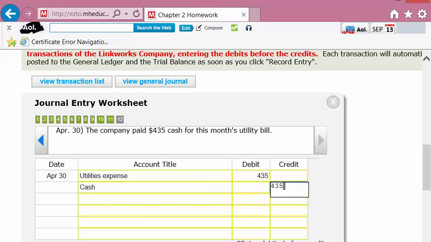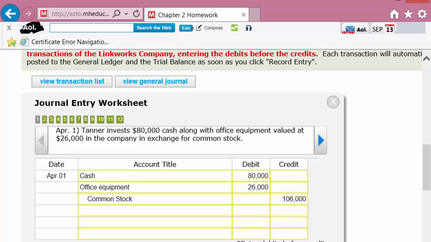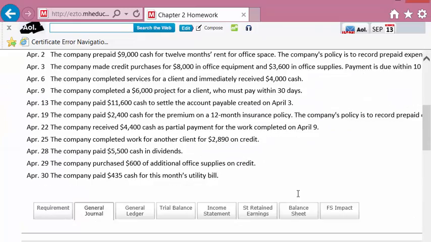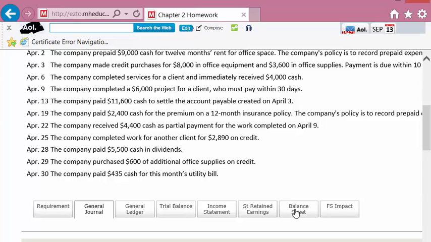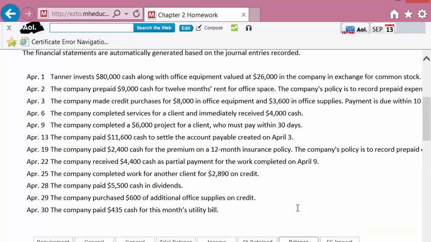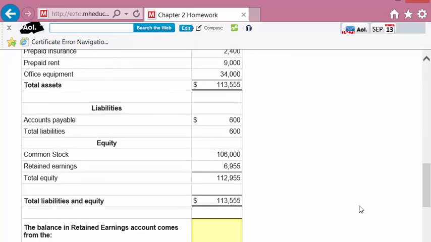Good job. Nice. And that's showing what. Why are you taking me to the balance sheet? No, no, I'm just asking you. I'm not telling you not to. I'm just asking you. Why did you take me there?